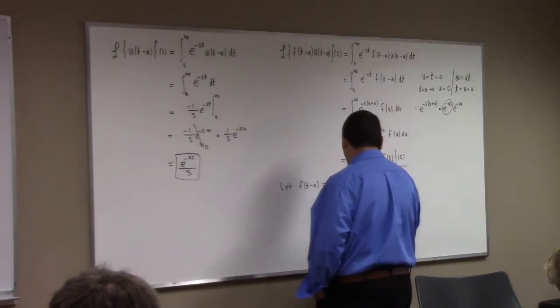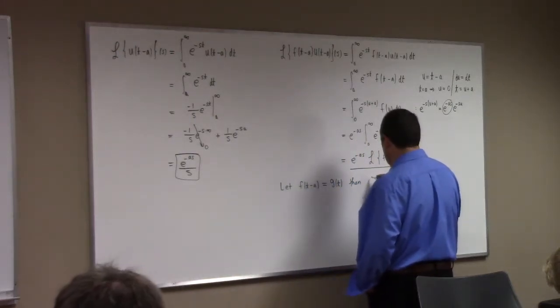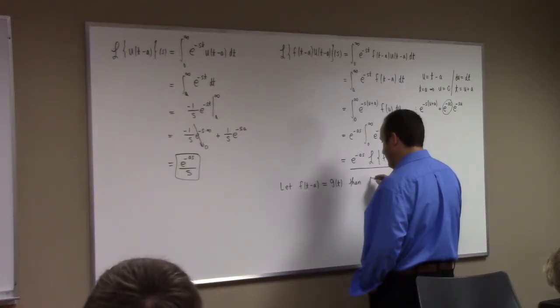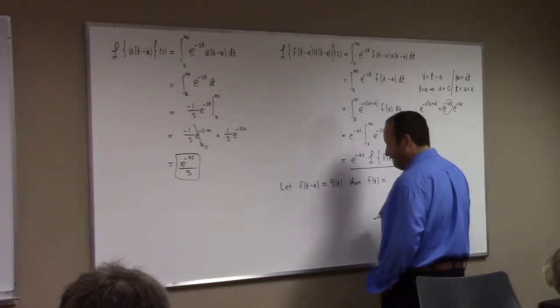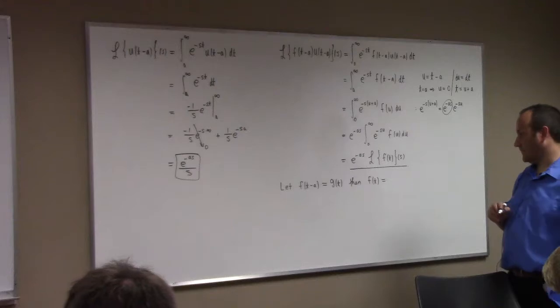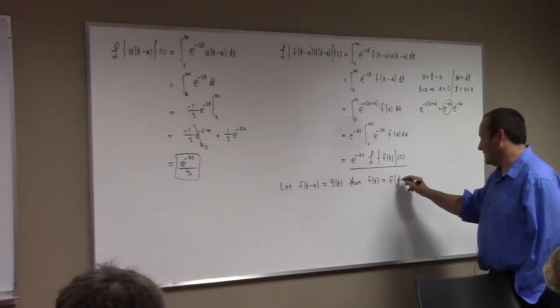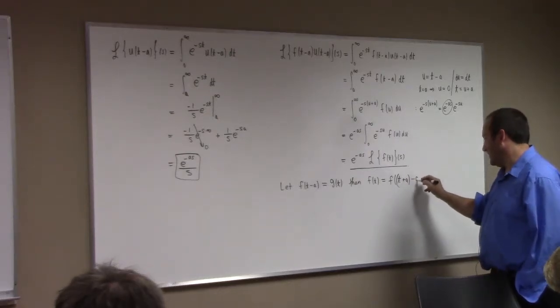Then what's that say about what f of t would be? Well, f of t would be f of t plus a minus a, right?